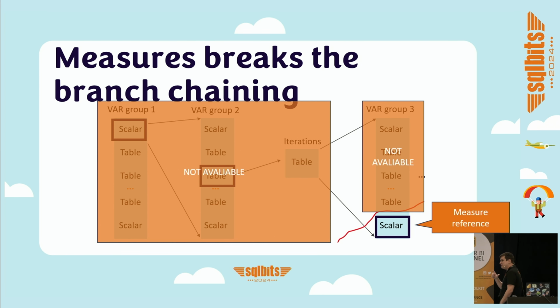Why? Because a measure is a joker. I don't know if you play cards, joker. It can be put in several DAX queries with several group by contexts in several places. So the measure is, okay, forget the previous, you just can't use them.